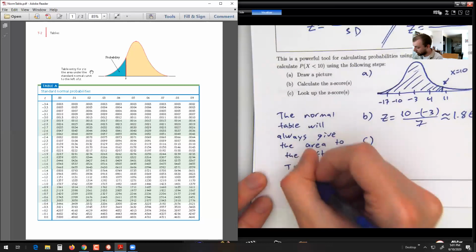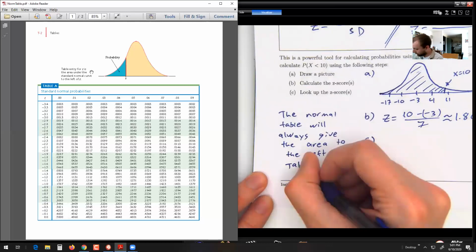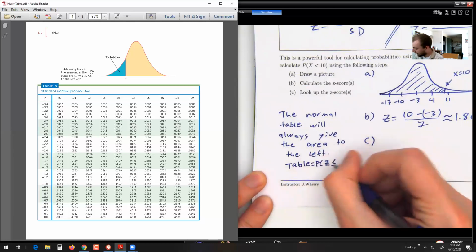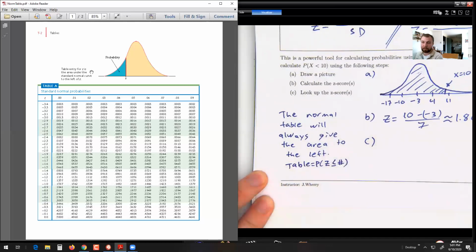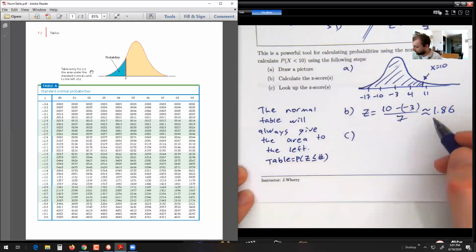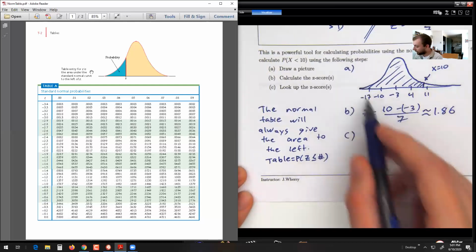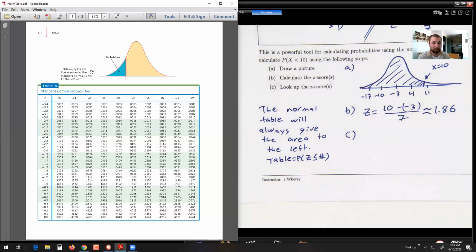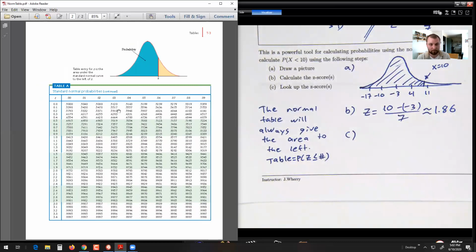So whatever value we're finding inside of the table, this will be the same as whatever that z-score is or less. So in this problem, it's shaded to the left of a z-score of 1.86. So I need a way to look that up here to find that area. Now, I'm noticing this is a positive number, so I'm going to go to the positive part of this table.